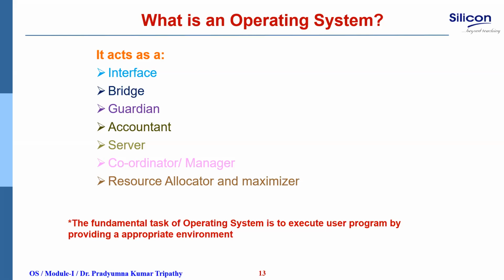Those things to be executed by the hardware are given to the operating system. The middleware is the operating system over here. Those instructions are taken by the operating system, executed by the hardware and returned. So it acts as a bridge between the user and the computer hardware.